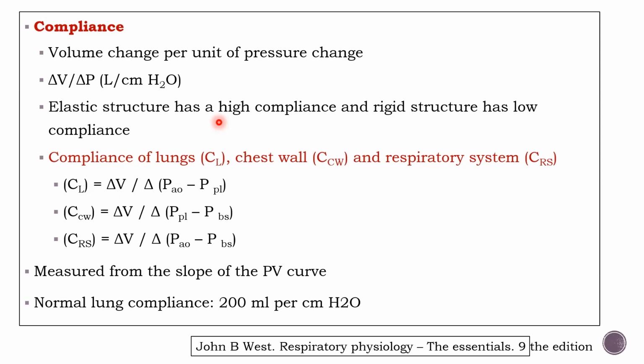Elasticity is a physical property of the structure. If some structure has very high elasticity, that means the ability of the structure to change its shape is very less. Elastic is different from elasticity, and that's why elasticity and compliance are quite opposite things. So you understood this, right? An elastic structure has high compliance and a rigid structure has low compliance.